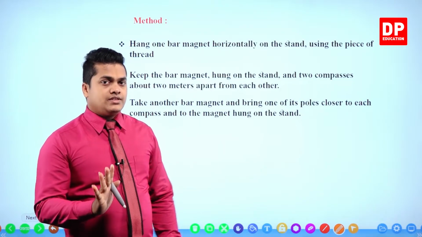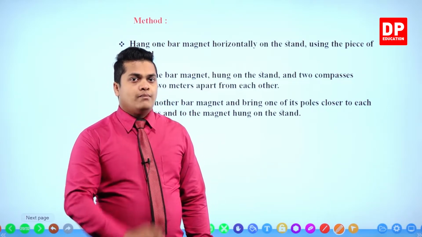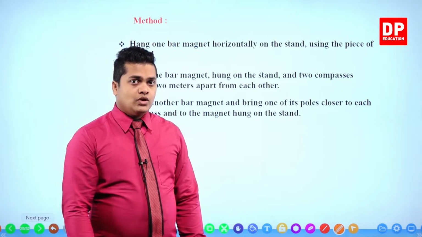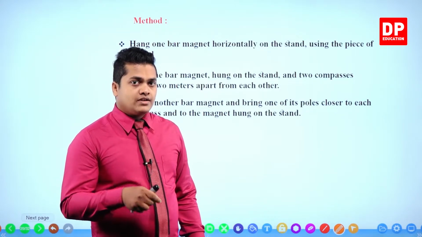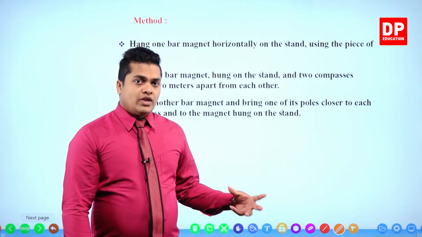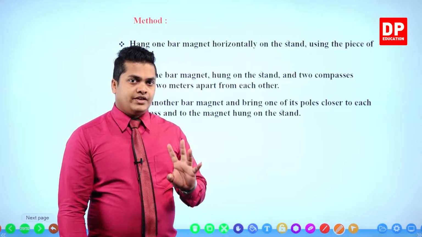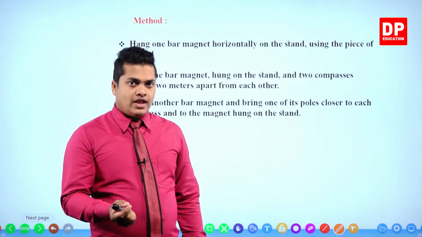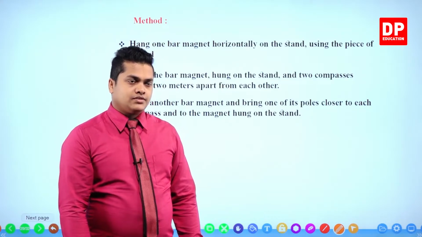Actually, in this activity we will be needing two bar magnets: one to hang freely, and the other to bring near the hung magnet to check what happens to its rotation.